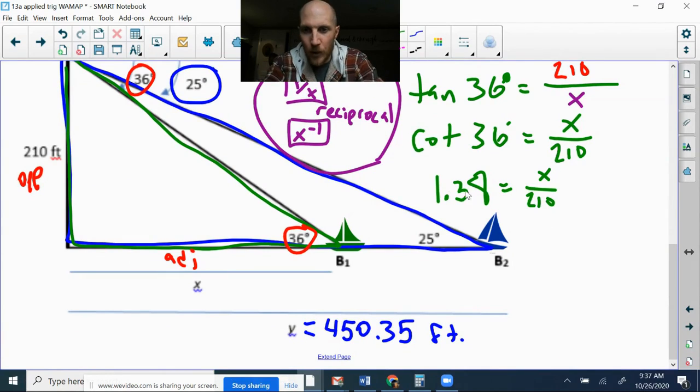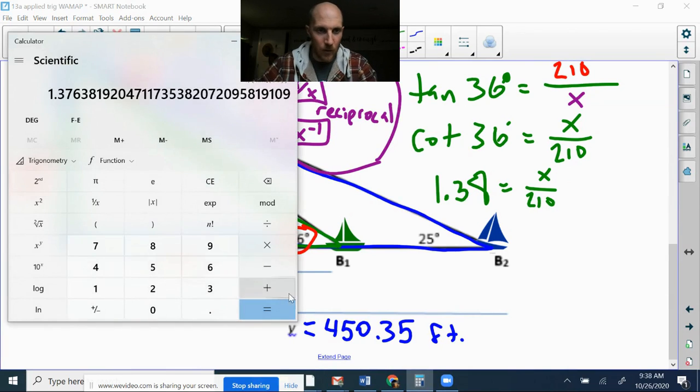Let's see. So I got the 1.38. That was the cotangent of 36 degrees. I need to finish my algebra to solve for x. So I need to multiply by 210. Let me go back to the calculator. I cannot do that in my head. Times 210. I can see it's still going to do the right thing here.